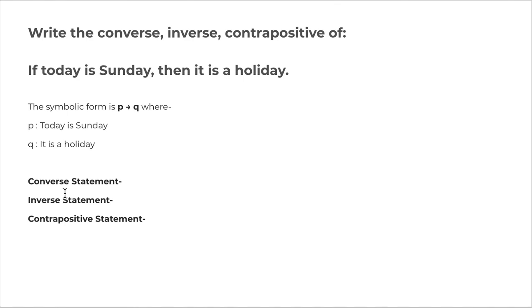I'll give a minute for that as well. So you're given the statement if today is Sunday, then it is a holiday, and the symbolic form is P implies Q, and from there you find P, you find Q. Now write the converse statement, the inverse, and the contrapositive.